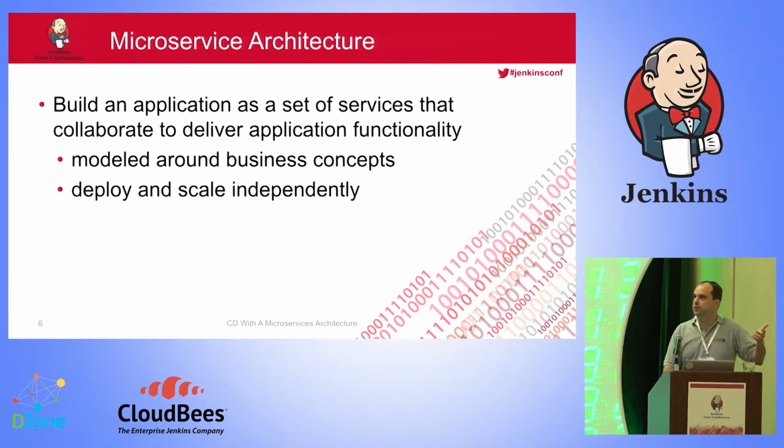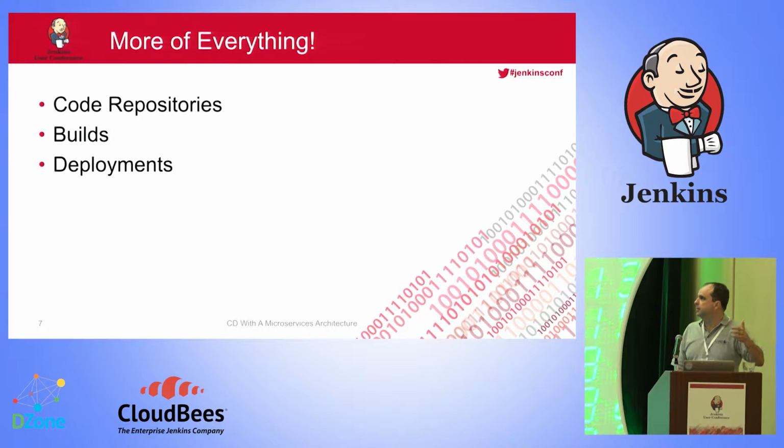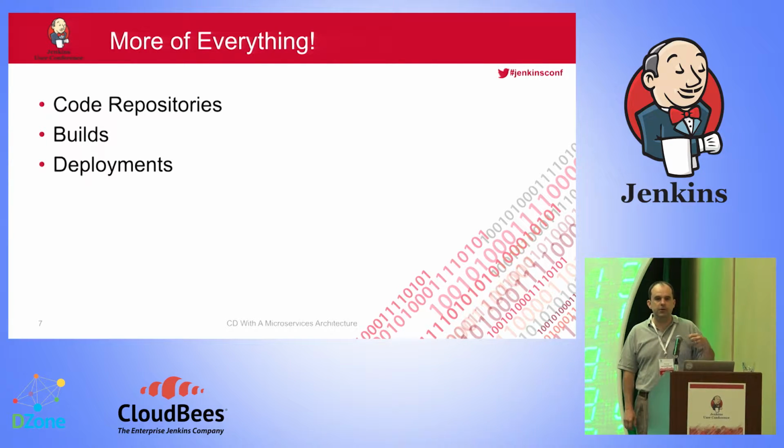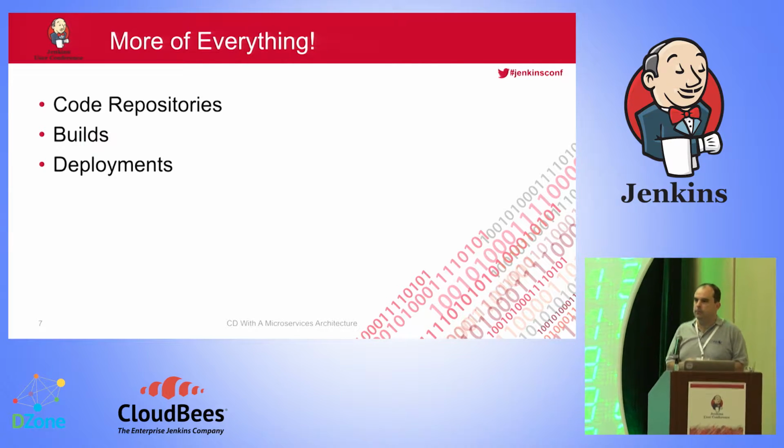But when we combine these two things together, continuous delivery and the microservices architecture, we end up with more of everything in the Jenkins world. More code repositories. We typically have a separate SCM repository for each of the microservices. Of course, more builds, more deployments that need to be done.